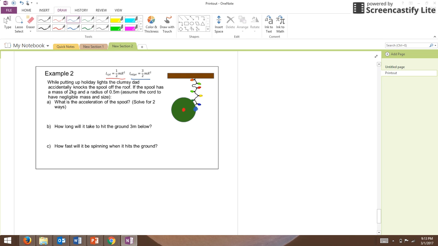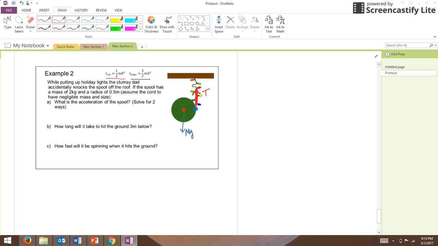So if we think about the forces acting on the cylinder, we have the force of gravity on the cylinder, and you also have the tension on the cylinder. Those are our two forces. When we treat it as a cylinder, we put our pivot in the middle here.